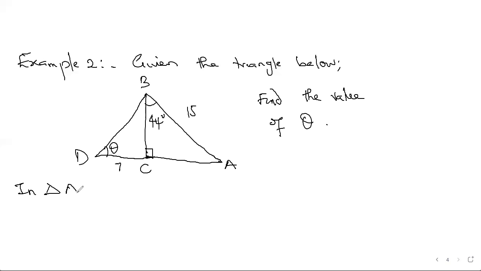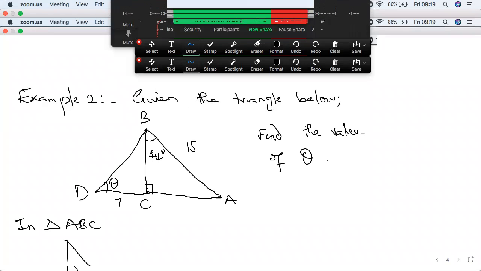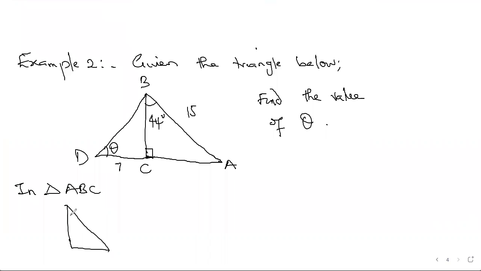In triangle ABC, we can find BC. So this is ABC: 44 degrees, 15, and this is C, A, and B. So BC is what I need, and this is the angle.